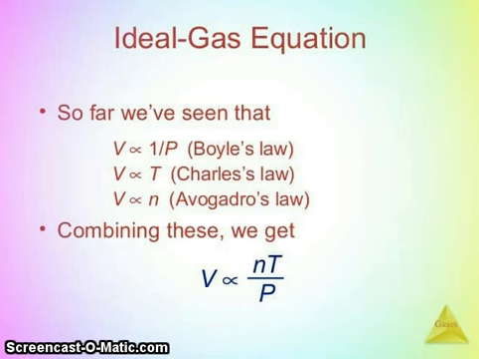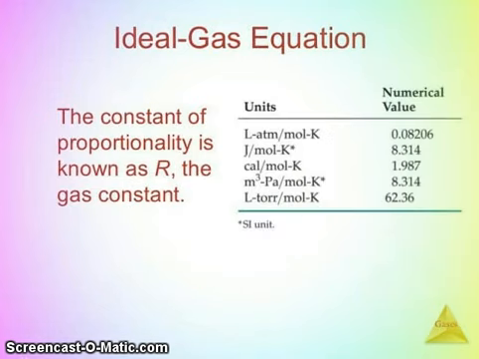Friends, so far we have seen that volume is inversely proportional to P, volume is directly proportional to temperature, volume is directly proportional to n. So combining these, we get volume proportional to nT by P. So in the ideal gas equation, the constant of proportionality is known as R, the gas constant.